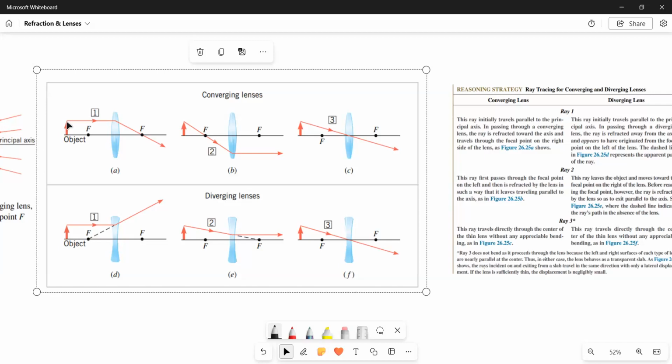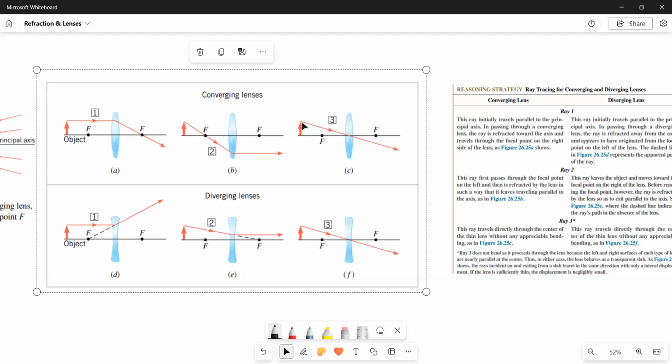Notice the first ray you draw from the one point here to the center of the lens, and then through the focus. Then notice here they draw from the top straight through the focus to the lens, and then parallel to what we call the principal axis.